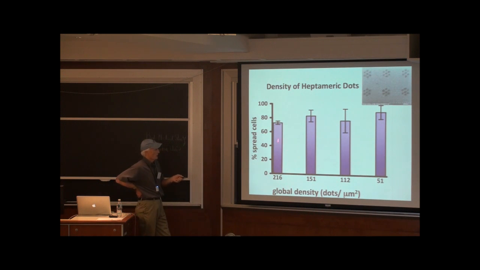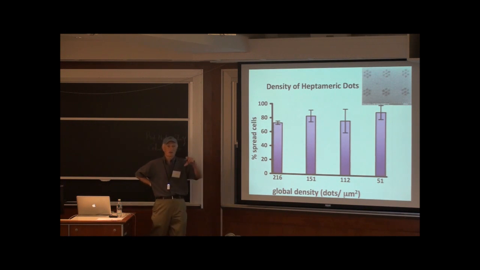And when he started out at 216, that was essentially close packed. And down here at 51, these are separated by about 400 nanometers from one another. And the percent of cells that spread was the same in all of these cases. 51 dots per square micron was the density that we had for the dimeric arrays. And so that said that really the density of dots was not the issue.